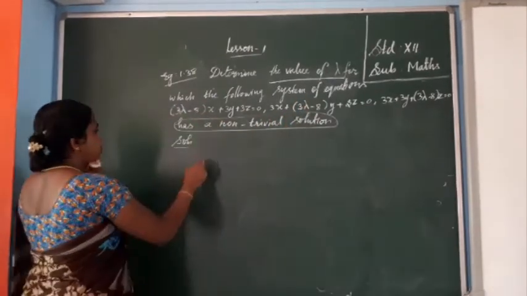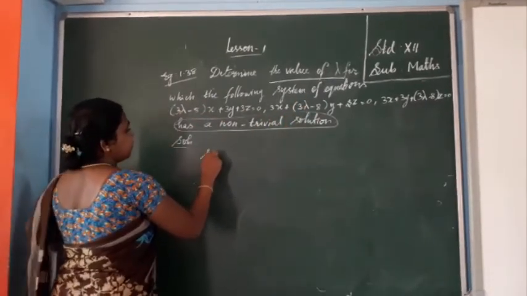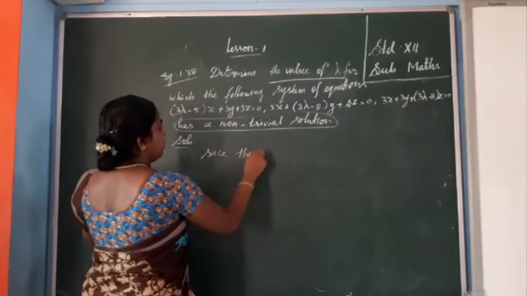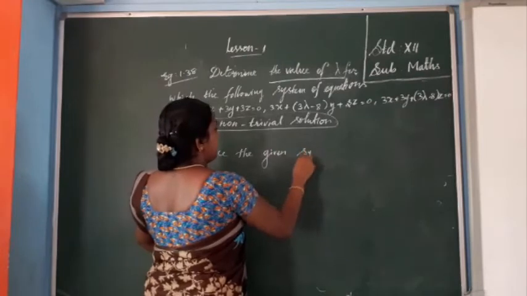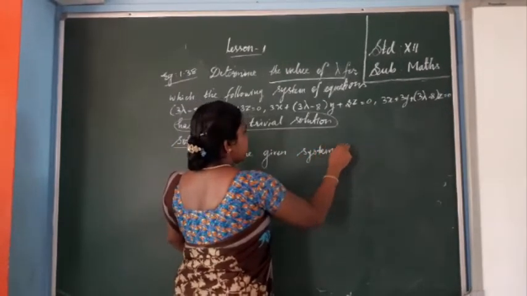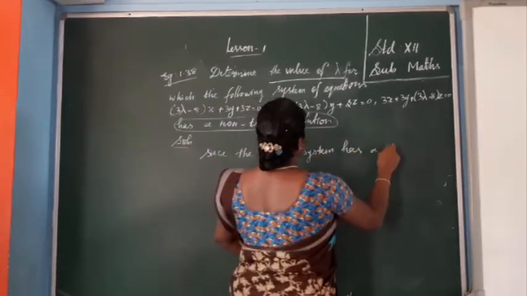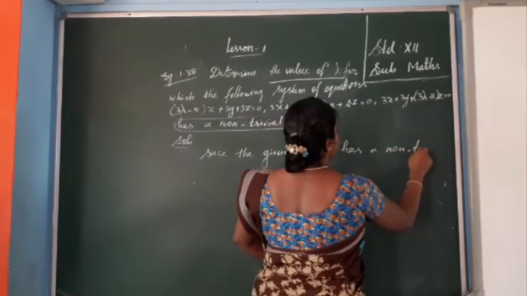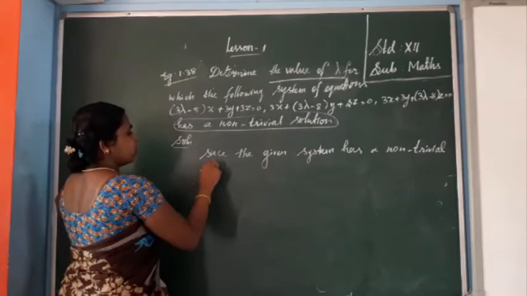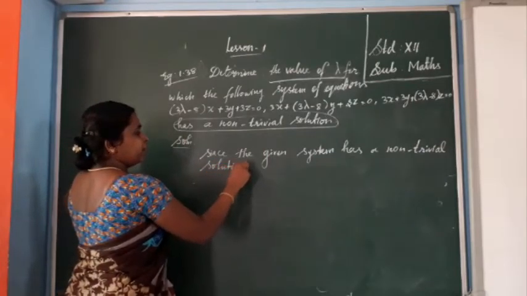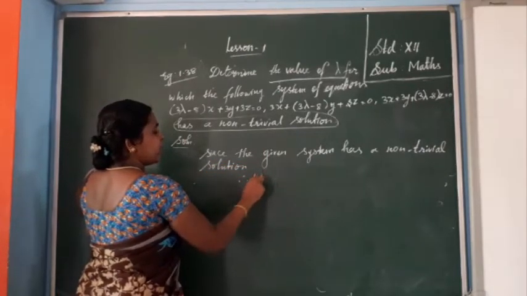First you have to write: since the given system has a non-trivial solution, therefore determinant of A equal to 0.